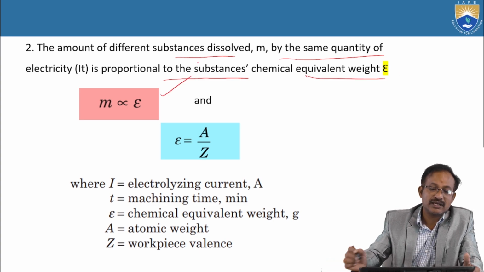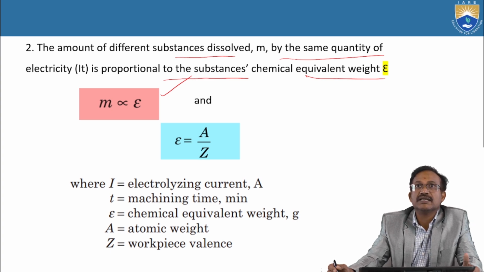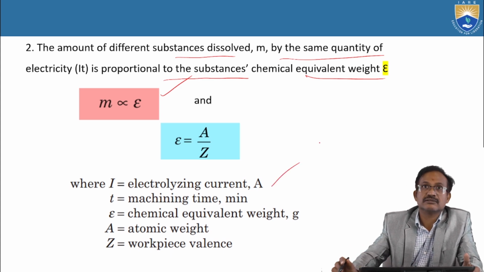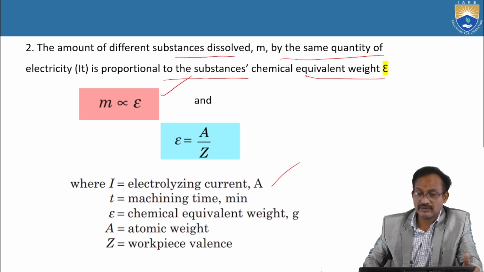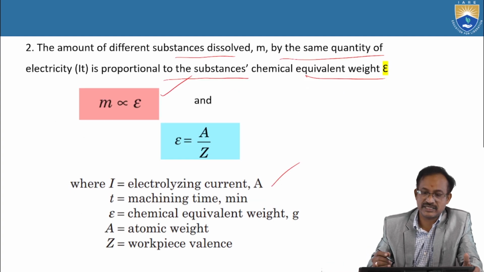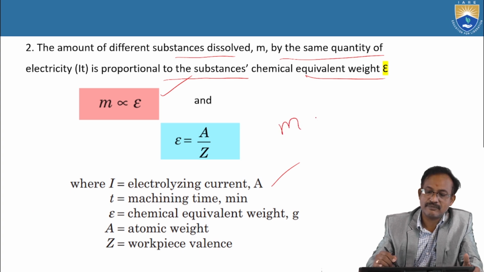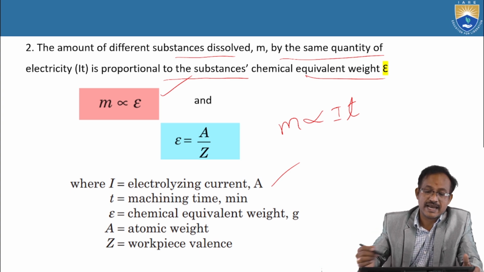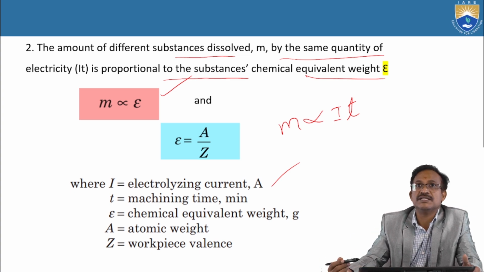So here M is directly proportional to the chemical equivalent weight, zeta, and zeta equals A by Z. In the previous slide, M is directly proportional to IT, and here M is directly proportional to zeta, and zeta equals A by Z.